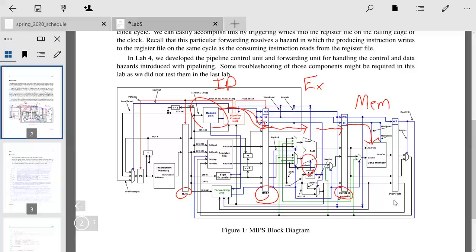Here's a signal that comes out of the ALU decode unit and goes right into the ALU. It's not used in any other pipeline stage, just this one. So in that case, if you follow my convention, it doesn't need a prefix or suffix because it's used just in this one stage.